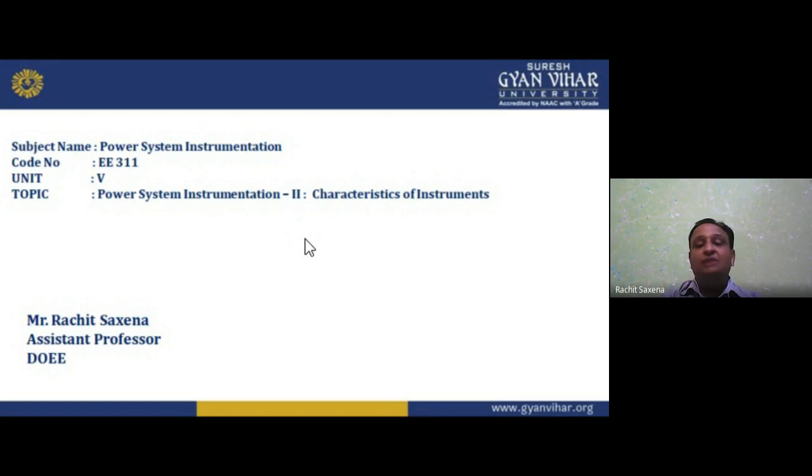Then unit number 2 is a very interesting unit. In that unit we understood about the component, element, or particle of a system, basically a thing which is used for conversion of one form of energy to another, known as a transducer. In a transducer we have two things: one is the sensor, and the other is the transduction element. The sensor senses the form of the thing, and the transduction element converts it into another form.